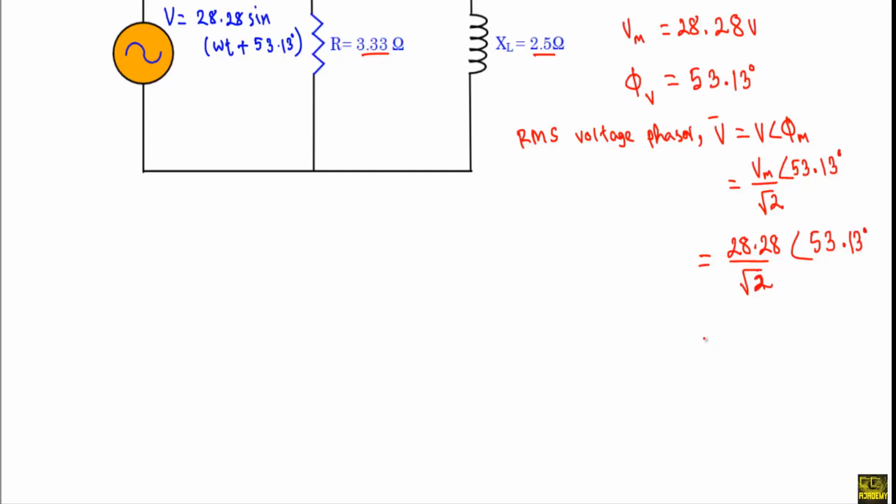This will be equal to 20 phase angle 53.13 degree volt. Okay, so this is our voltage phasor V.